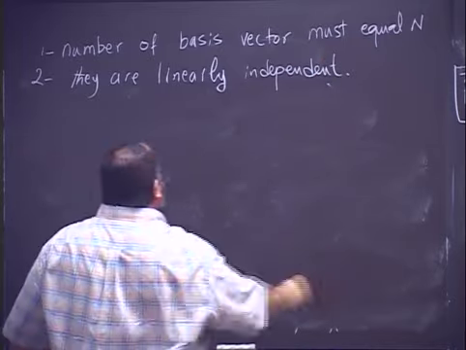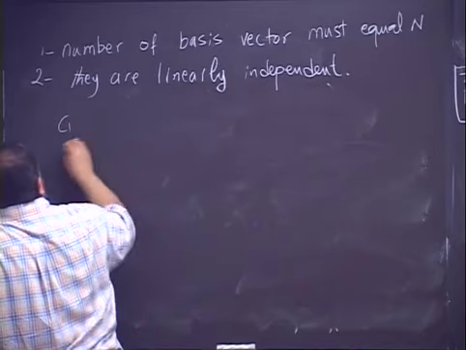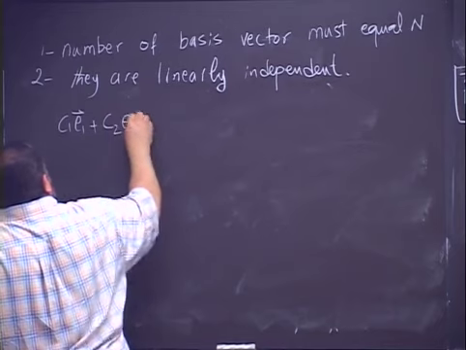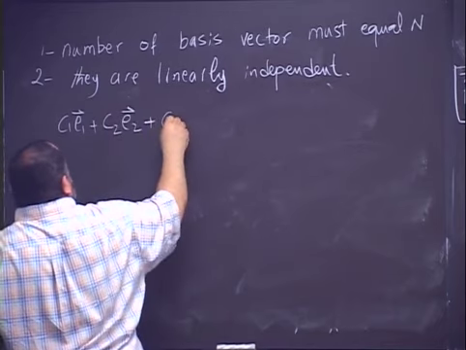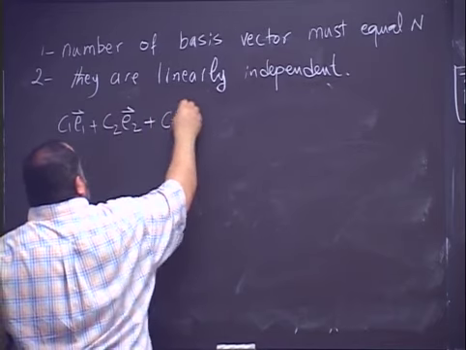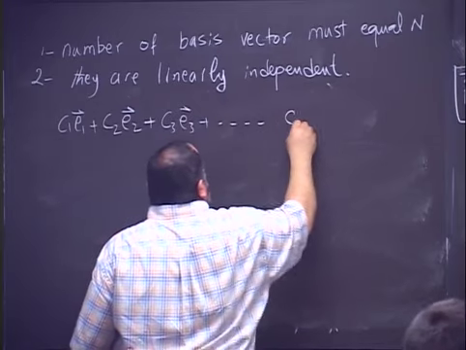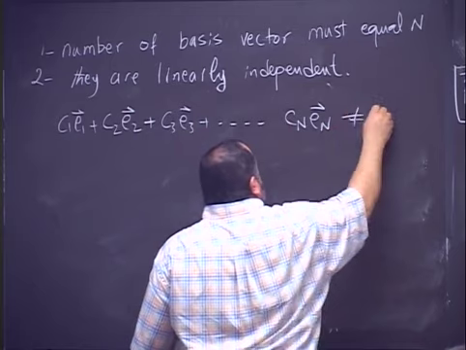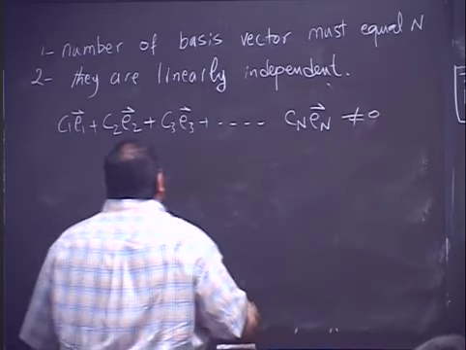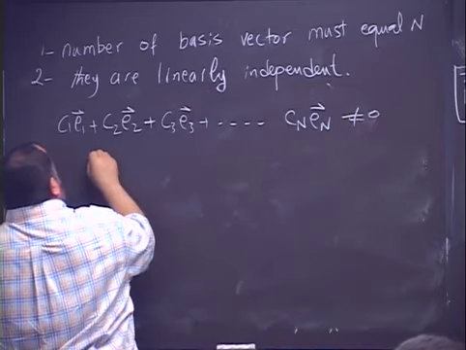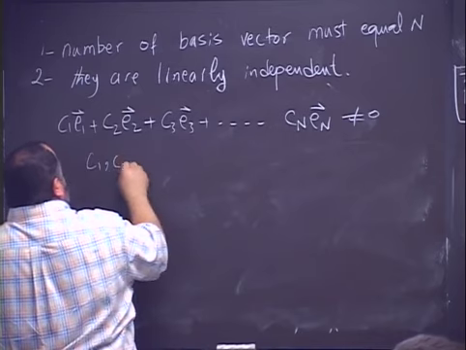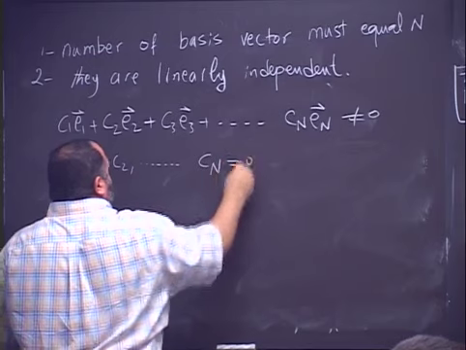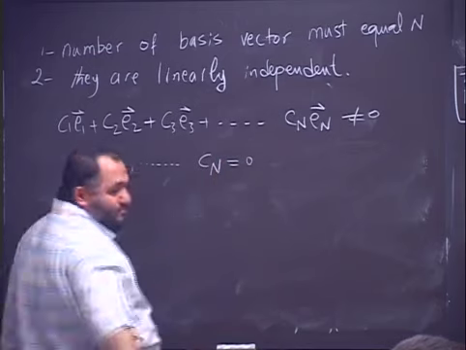That this equation, C1 E1 plus C2 E2 plus C3 E3 and so on up to Cn En, should not equal 0 unless all of C1, C2 up to Cn are equal to 0.